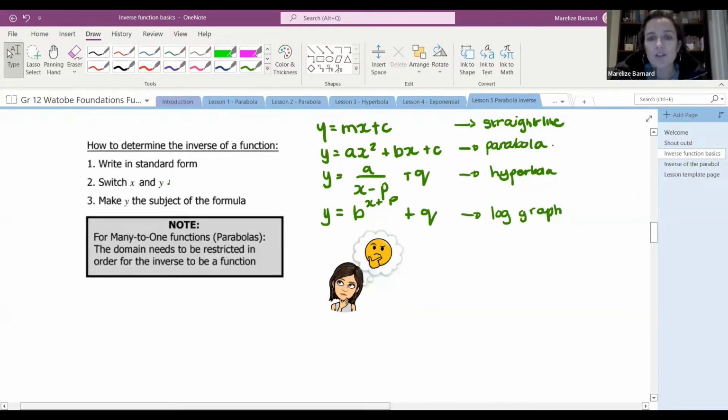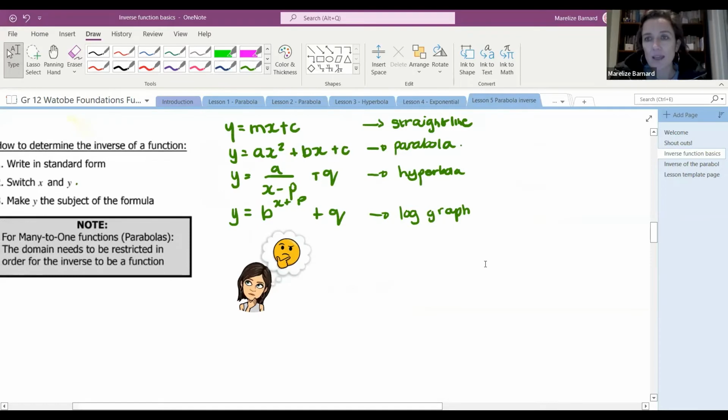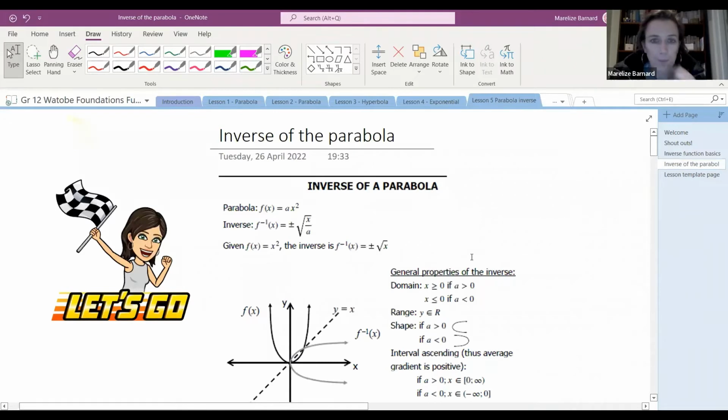Okay, so let's get cracking on looking at an actual parabola and how to determine its inverse. In grade 12, we are just going to work with a parabola that's y equals ax squared. So you don't have to worry about having to do the inverse of the whole ax squared plus bx plus c.